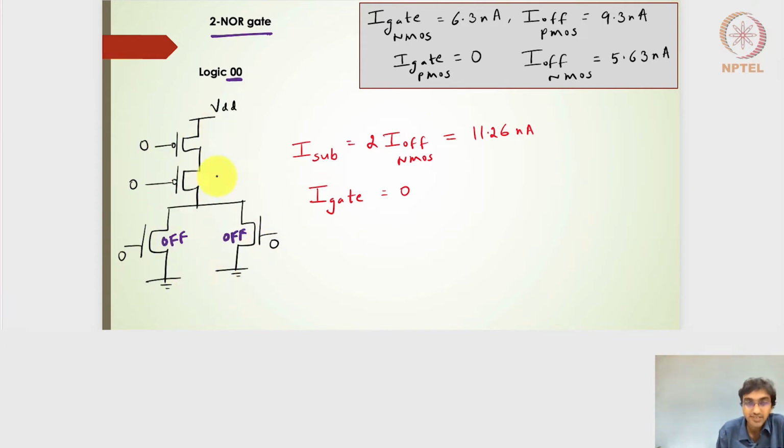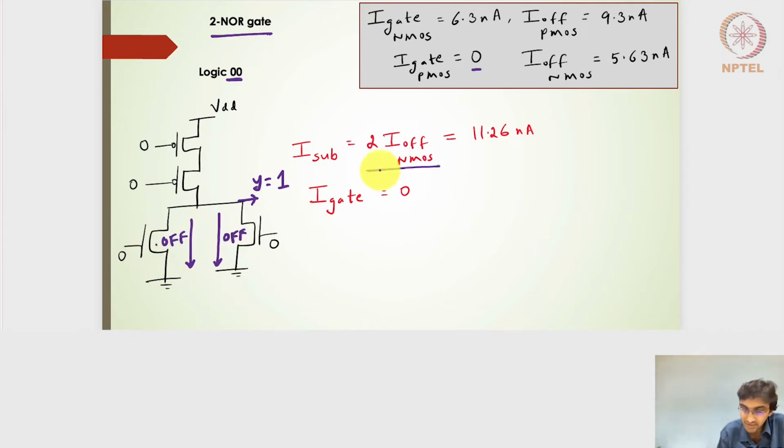And the gate leakage current on the pull up side is anyway 0, because that is what we have been assuming. So the subthreshold leakage current here will be coming from one transistor, because my output logic here is nothing but 1, because both these transistors are on, and it's going to drive the output to a logic level of 1.